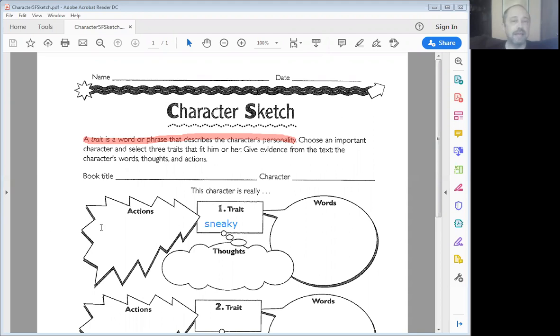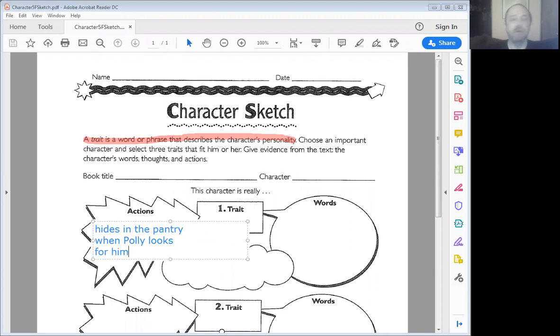So, for example, with Tom Sawyer's actions for being sneaky, he hides in the pantry when Polly looks for him, right? This is at the beginning of the book, when she's searching for Tom and can't find him. It's because he's hiding in the pantry.